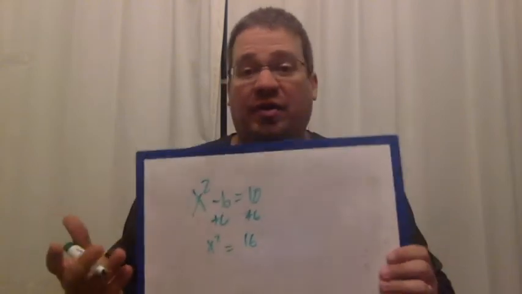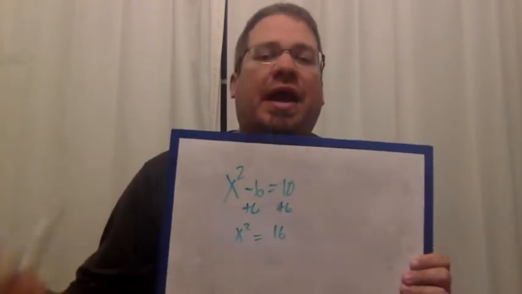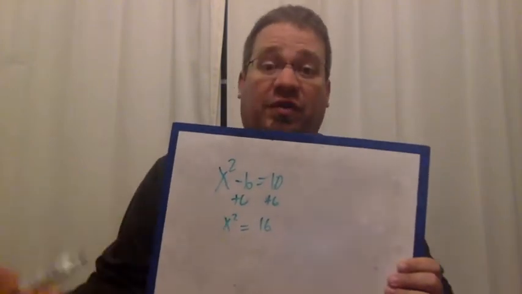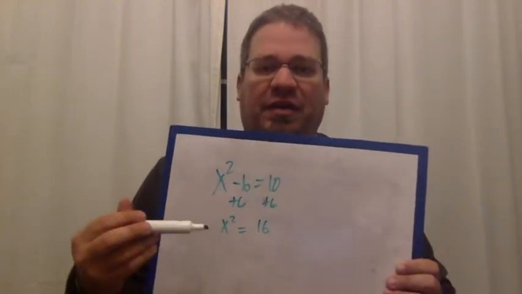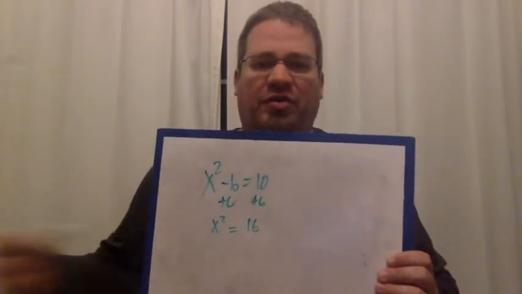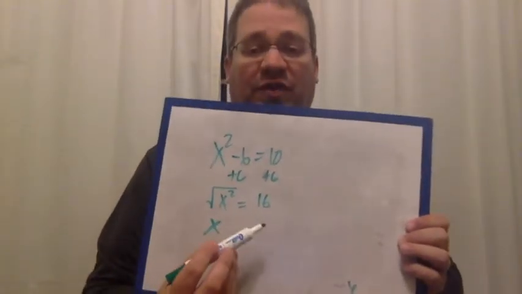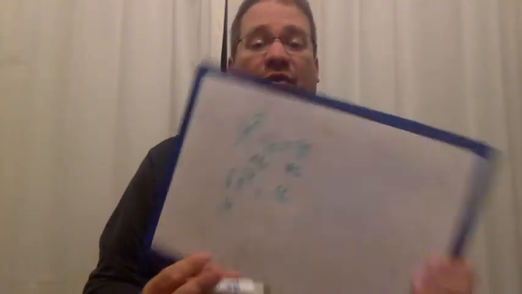Okay, now I don't care what x squared is. I got it by itself, but now I've got to know what x is. So to determine what x is, I have to take the square root, because the square root is what undoes, or is the inverse operation of, a square. So if I take the square root of x squared, that leaves me with x. But if I do it to one side, I have to do it to both sides.